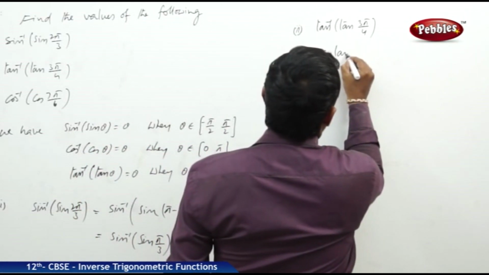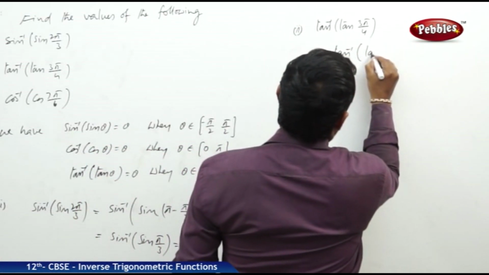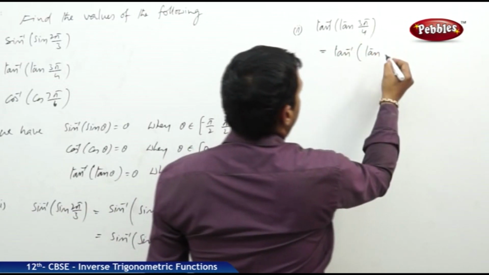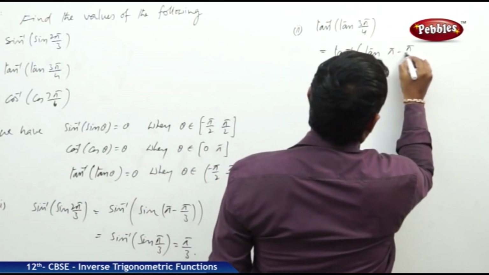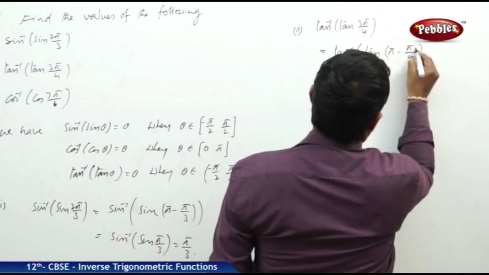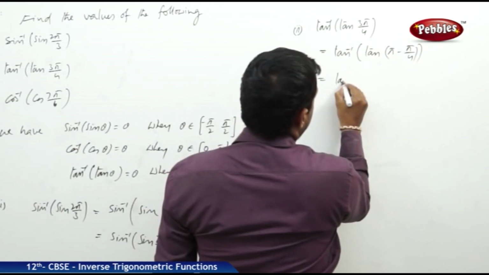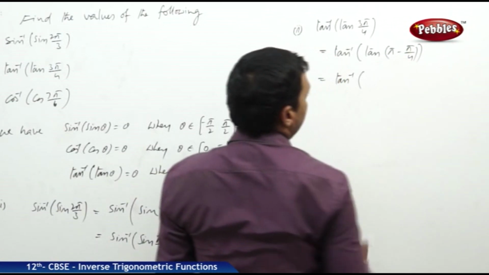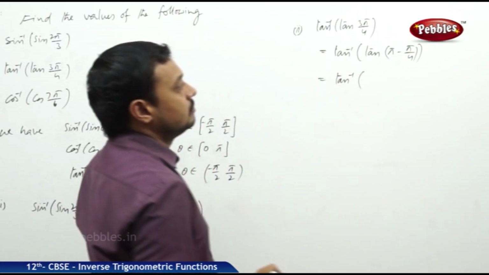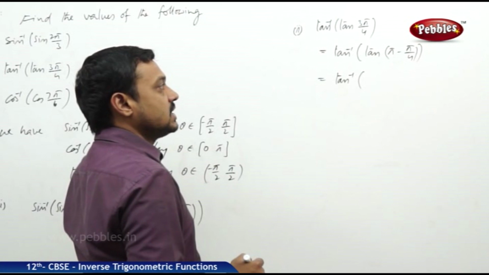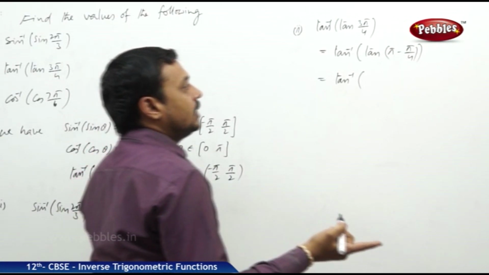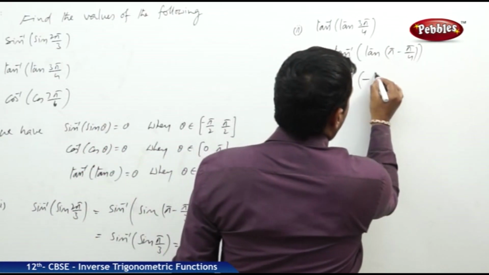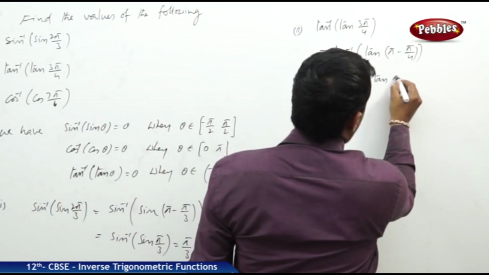For that, we can consider 3 pi by 4 as pi minus pi by 4. This is tan inverse of tan of pi minus theta, or tan of 180 degrees minus theta. In the second quadrant, tan is negative, hence it is minus tan pi by 4.